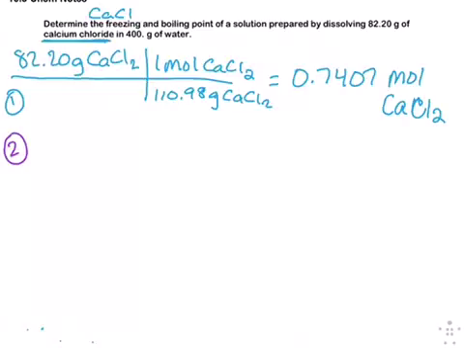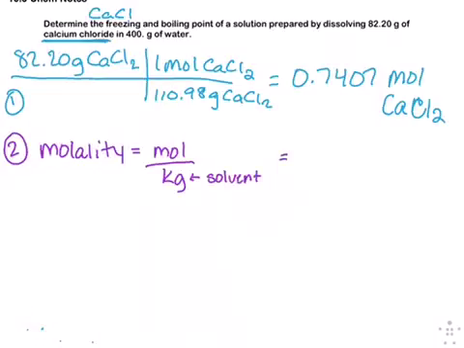What information do we need in order to use the equations for the delta T's? Yep, we need to find the molality. So the molality equals the moles over the kilograms. And remember that this is just the kilograms of the solvent.